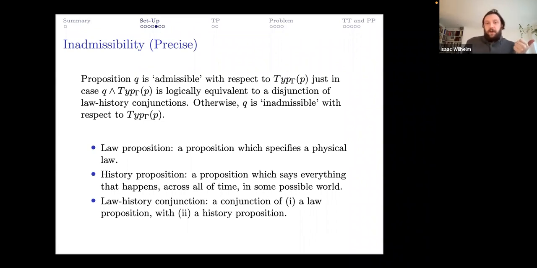Either this is the law and the history is like this, or this other thing is a law and the history goes like that, or this third thing is a law and the history goes this third way, and so on. So that's what admissibility is: logical equivalence to some proposition like that.